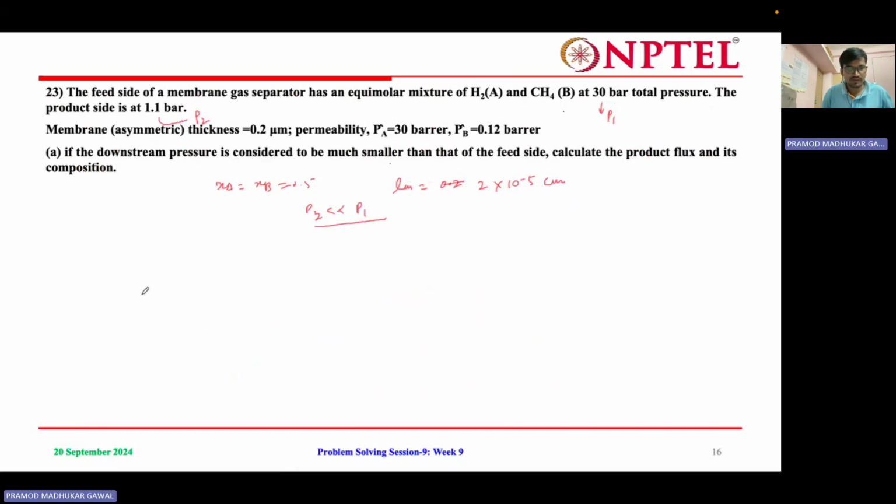Now, to calculate the flux of A, JA equals permeability of A divided by LM, the membrane thickness, times P1 XA minus P2 YA.